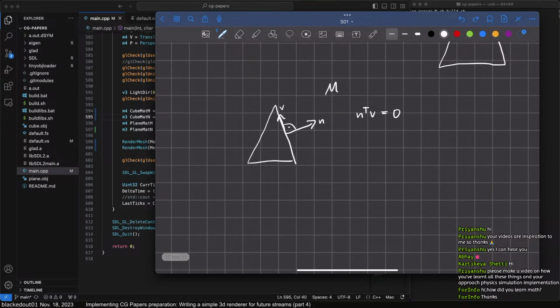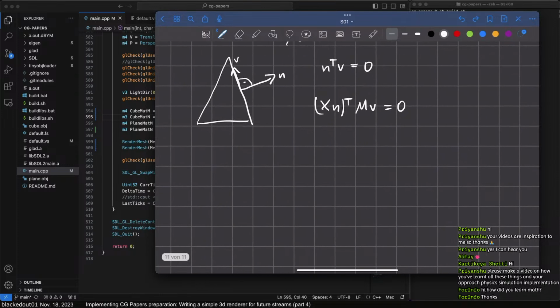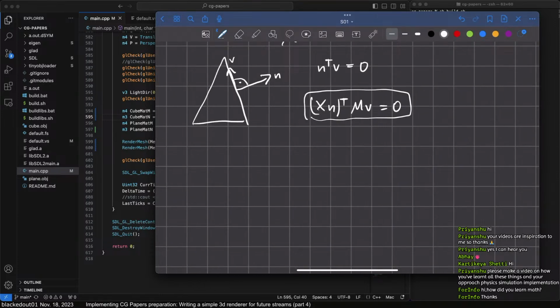Then the vector here would be scaled by M. And now the question is, we are seeking a matrix X with which we want to transform the normal vector such that the dot product is still 0. So such that the angle between the normal vector and the transformed vector here is still 0. So with this equation here, we want to get a value for X.